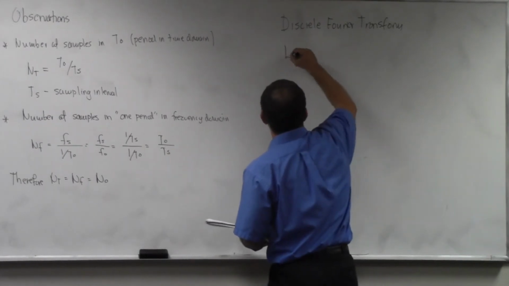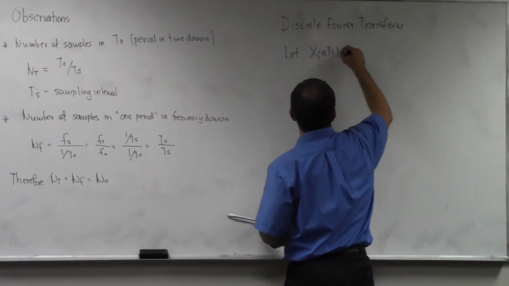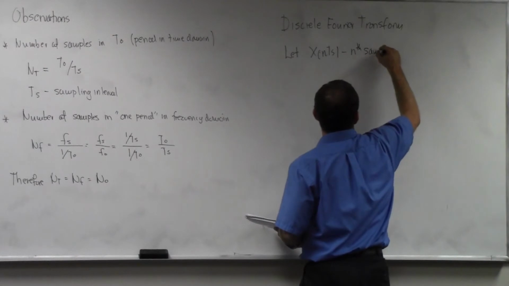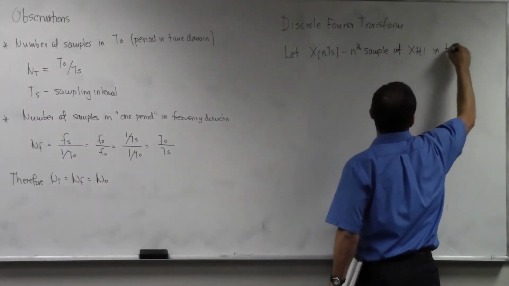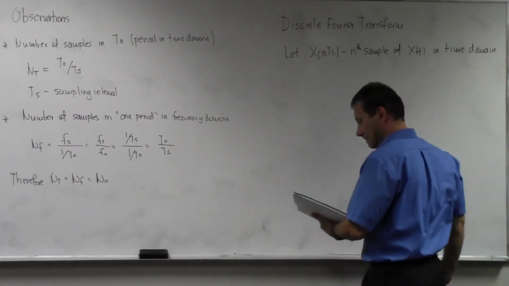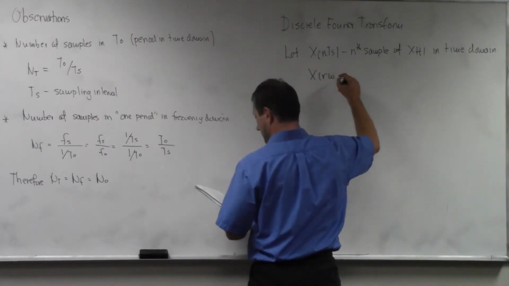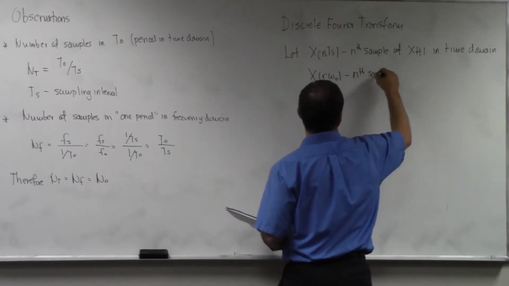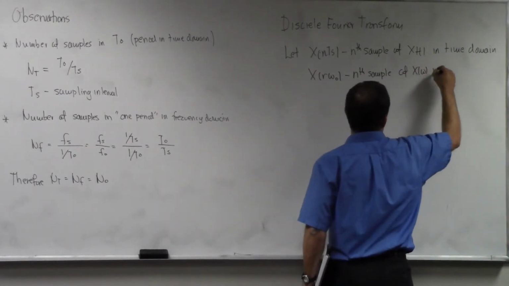So let x of nts be the nth sample of x of t in time domain. And let x of r omega 0 be the rth sample of x of omega in frequency domain.